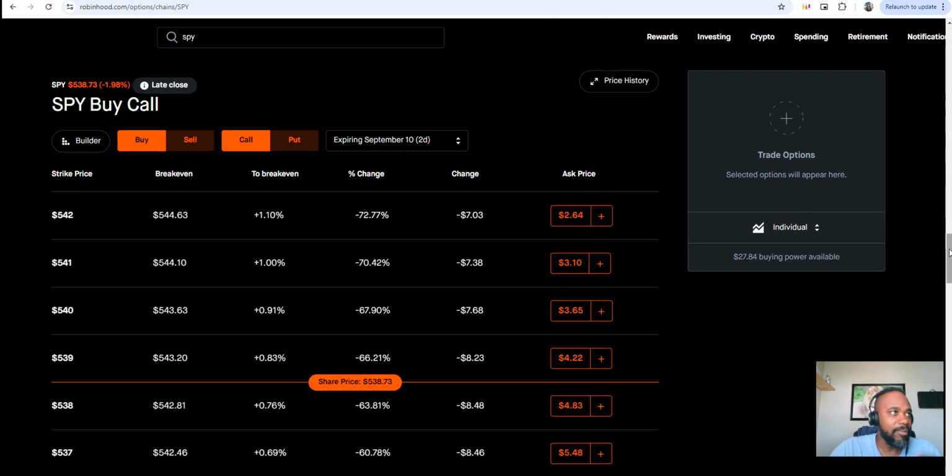Now, when it comes to trading options, you're going to have calls and you're going to have puts. Calls simply mean you're betting that the stock or ETF is going to go up. A put means you're betting that the stock or ETF is going to come down. And so there's a variety of different ways you can use calls and puts.